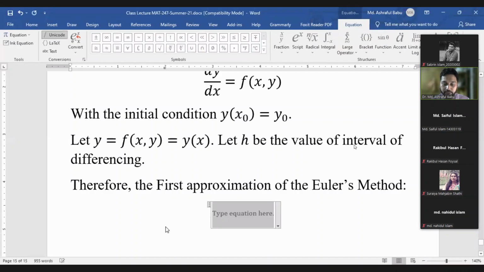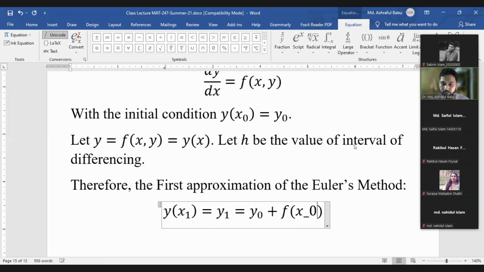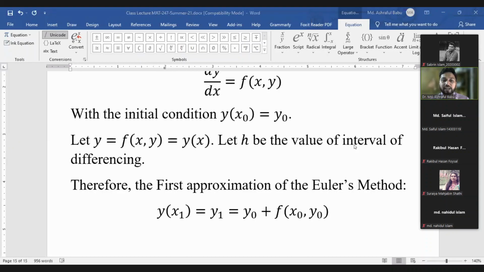So writing y of x1 equal to y0 plus h f of x0, y0. So this is our first approximate solution of the equation at x equal to x1.